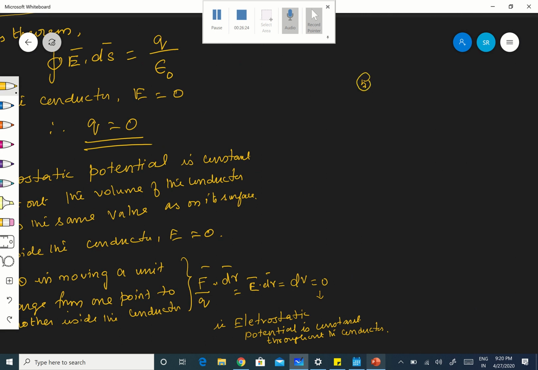Fifth result, if you see, you can say what is the electric field on the surface of the conductor?